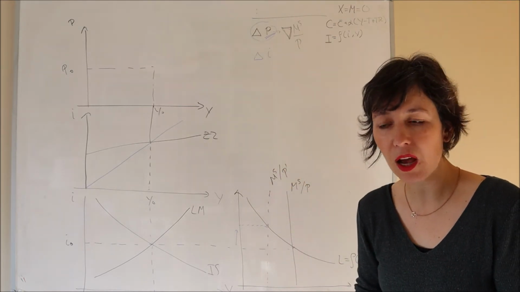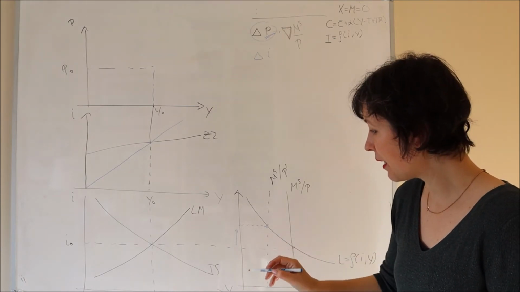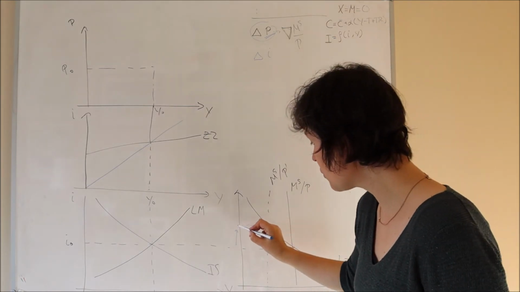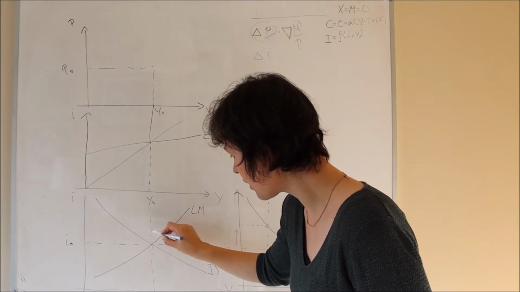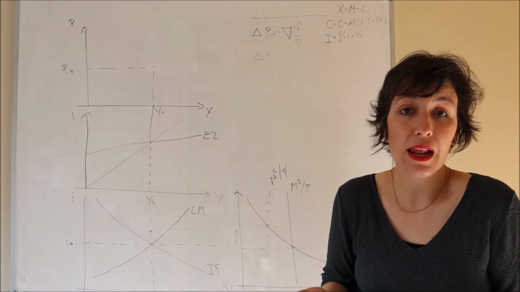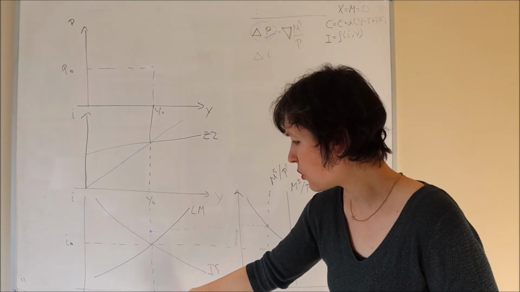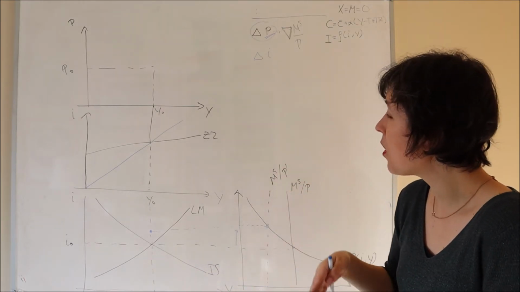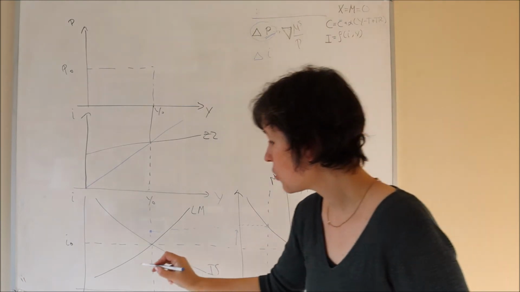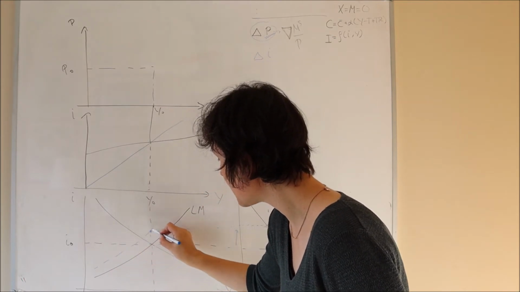Of course, the level of production is eventually going to be affected, but not now. So given the original level of production, the new interest rate is going to be higher. So I'm going to put a point here. That is one of the points of the LM, but given any level of production, because the price is higher, we should expect a higher interest rate. So it's like the whole LM curve is shifting.